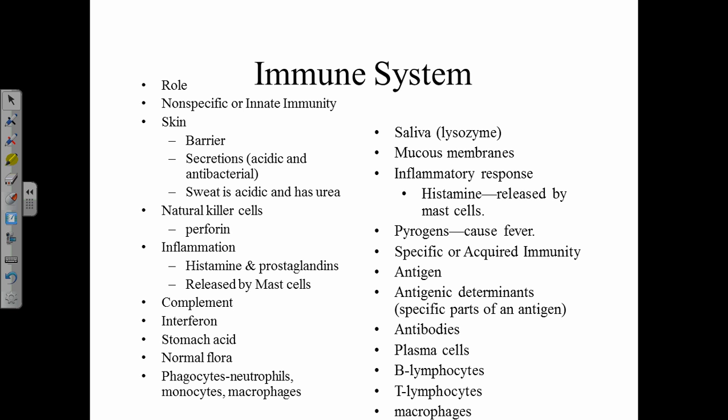What do we know lyso means? Break down. Okay? So lysozymes are proteins which essentially kill and break down germs, viruses, bacteria, fungus, and they protect those parts of your body from getting sick, from getting infections. Pretty important.